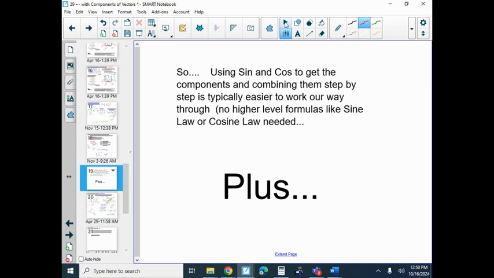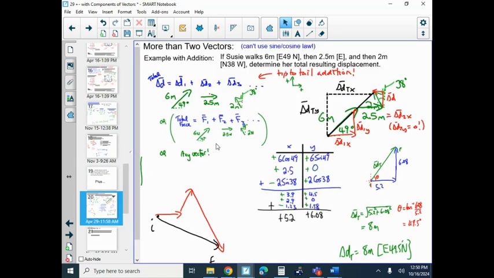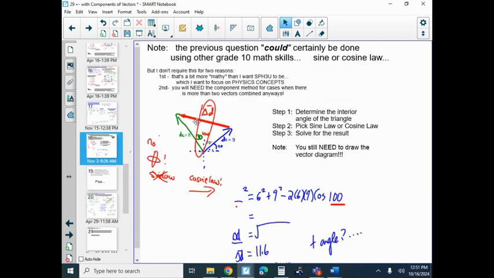So what I'm saying is using sine and cosine to get components and combining them is just easier. There's no higher level stuff needed. Plus, in the question that I started out with, where three vectors all added up, that's not just a triangle, so you can't just use sine or cosine law anyways. We need this process of components. For this class, I'm not really requiring you to do this at all.